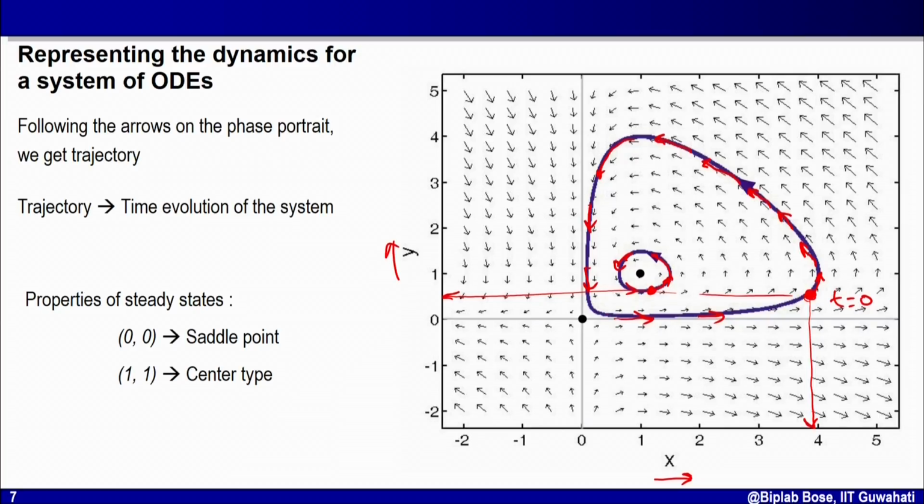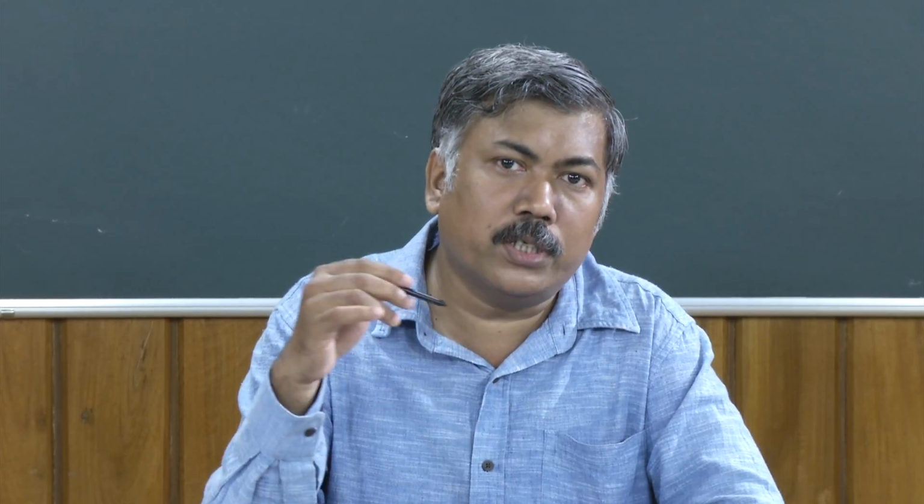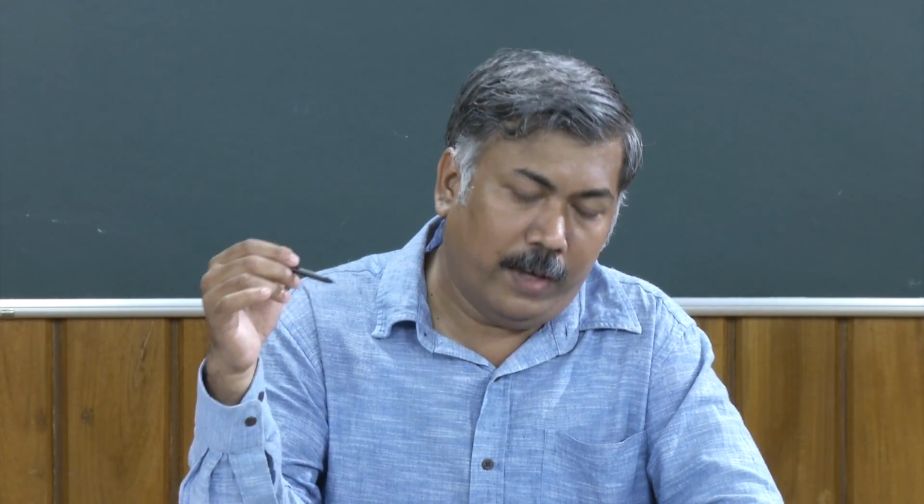So the phase plane with these arrows is telling me that if I start from a particular position where both x and y values are positive, in this quadrant, I will follow a closed path where x will increase and then y will also change, and essentially I will have oscillating values of x and y, right?